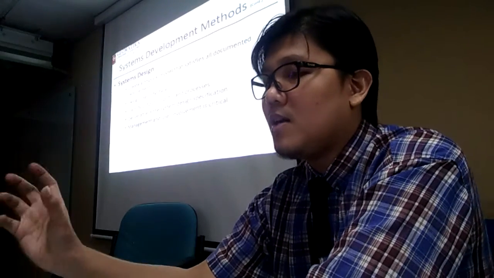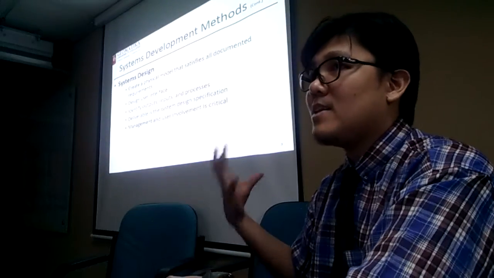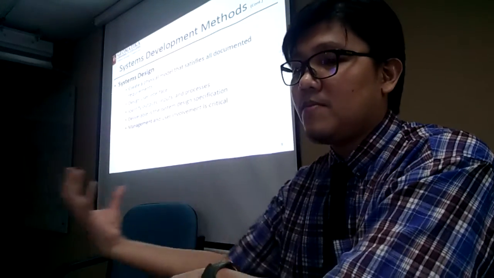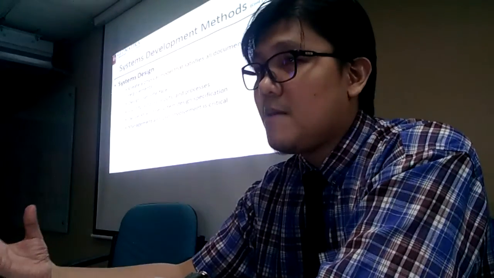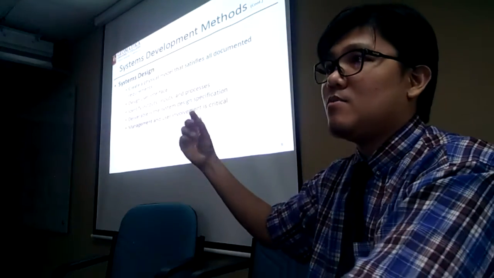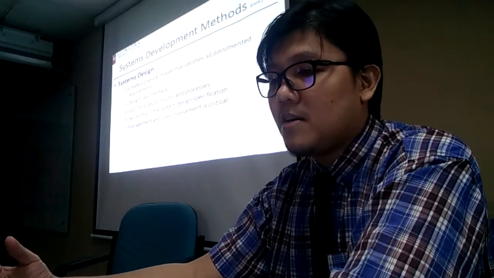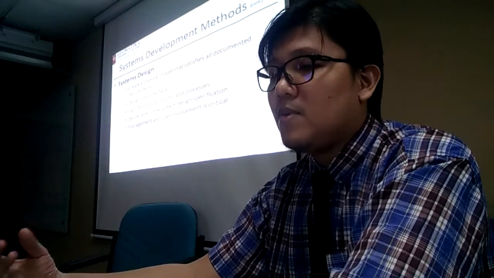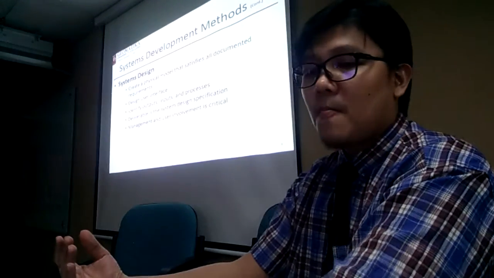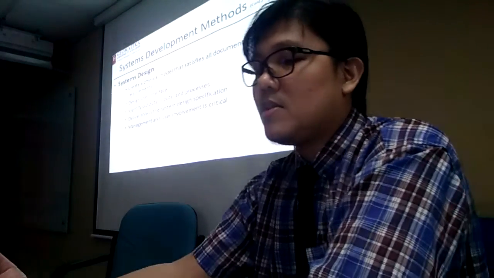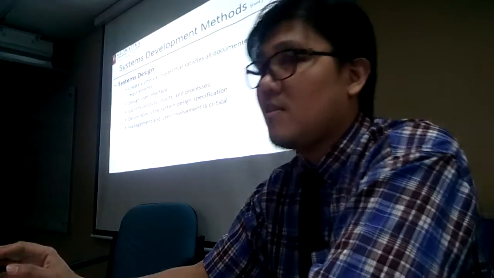Then we identify the outputs first: what does the client want, what does the customer want, what do the shareholders want, and the input, what kind of data we want to key in, and the process. The deliverable is the system design specification. And then management and user involvement is critical. Management could be stakeholders or our boss.